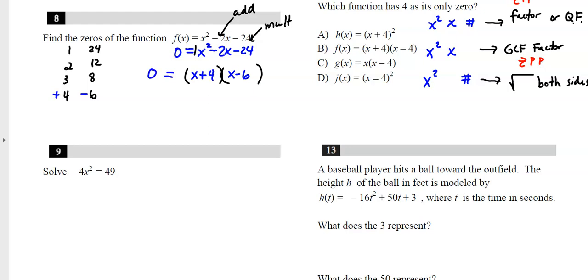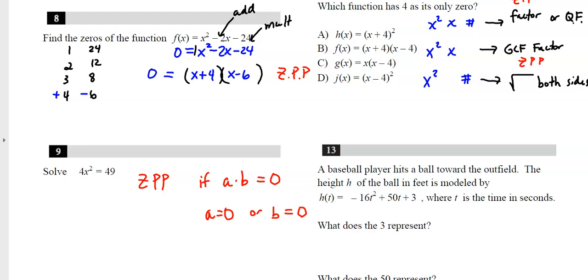And here's where I'm going to apply the zero product property. And all that property says, this is basically all ZPP says, is if A times B, if two things multiplied together equal 0, then either A equals 0 or B equals 0, or both.